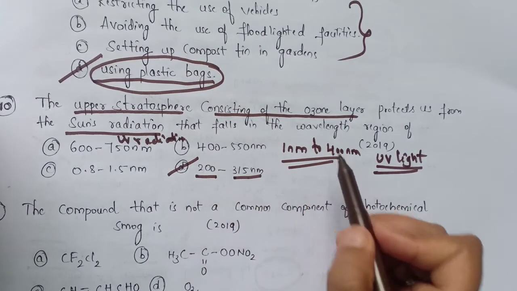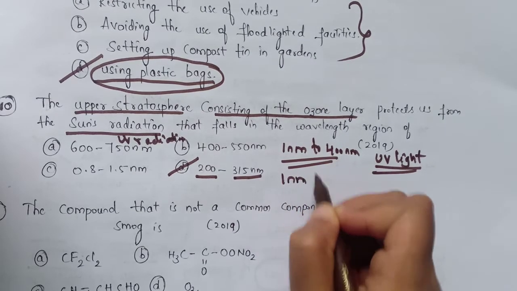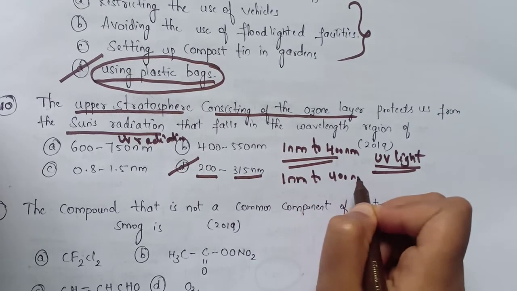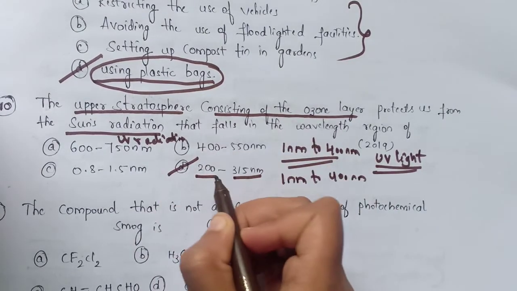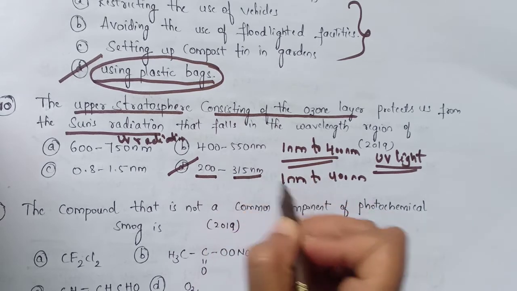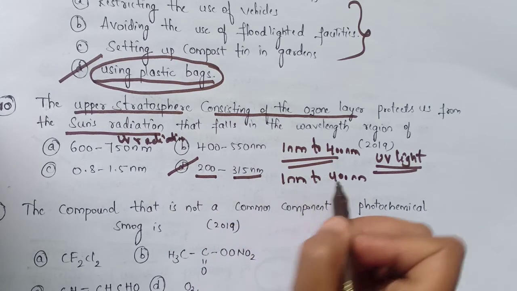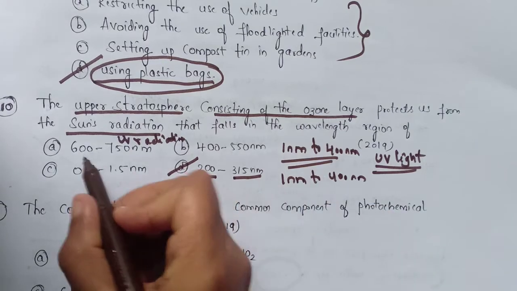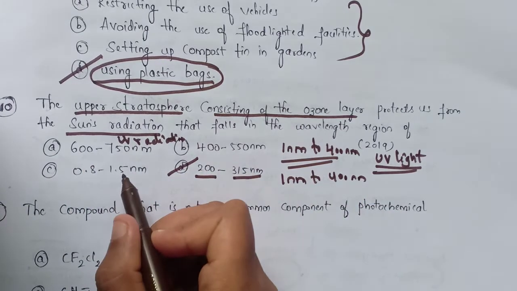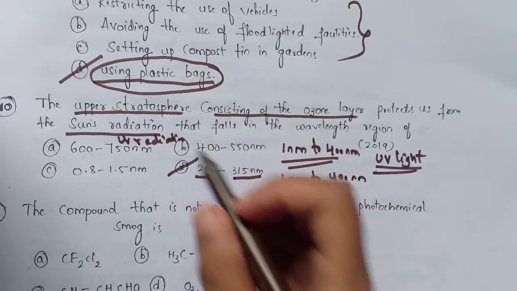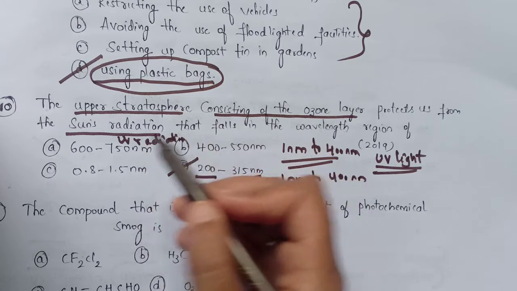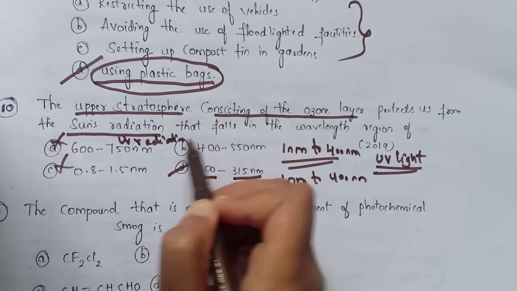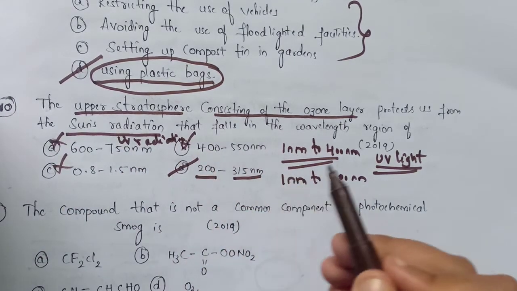So the correct range, from 1 nanometer to 400 nanometers, is 200 to 315 nanometers. Why? Because it is coming in between these ranges, while option A, option B and option C are more than these ranges. So these are the wrong options, whereas option D is the correct option.